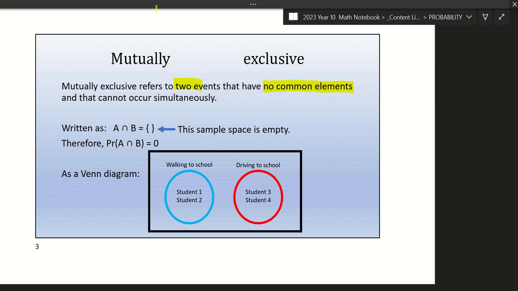Have a think about this. What are two events that can never happen at the same time? Yes, Esteban. It can never happen at the same time. It's either rising or it's setting. What else can never happen at the same time?